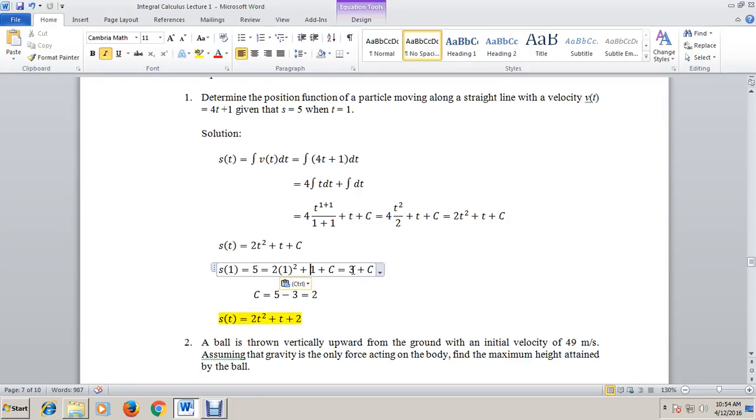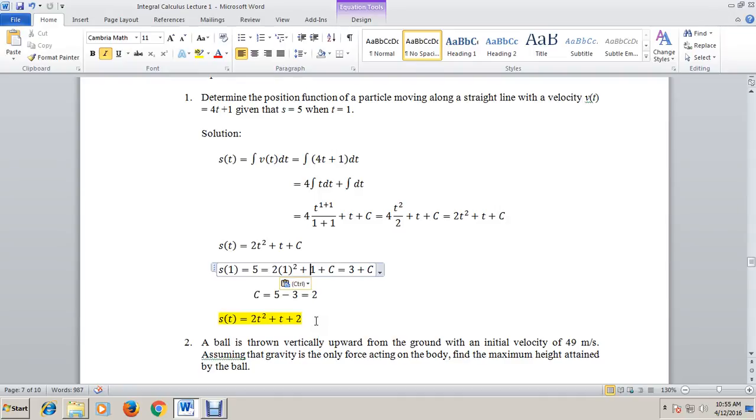Solving for c, we transpose positive 3 to the other side. That gives us c equals 5 minus 3, which is equal to 2. Now this is a particular solution for c. Going back to our expression for s of t equals 2t squared plus t plus c, replacing c with the particular value 2, we write s of t equals 2t squared plus t plus 2.